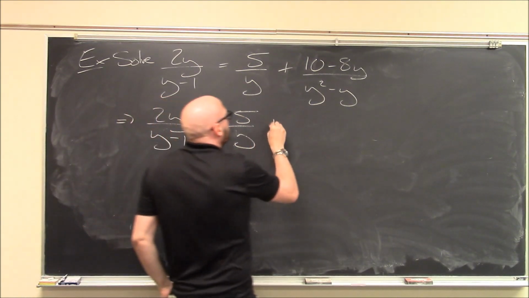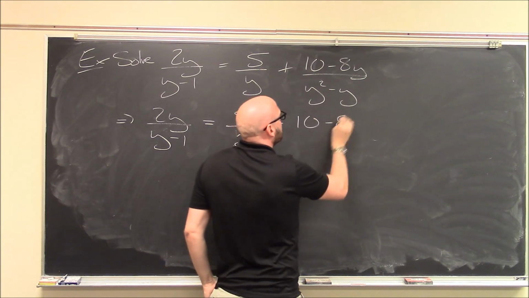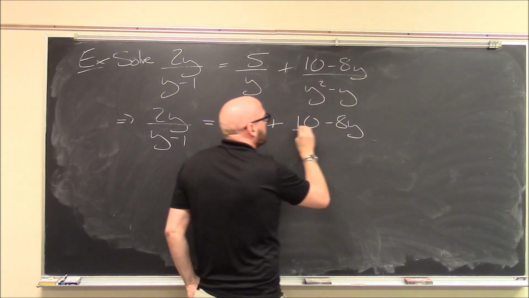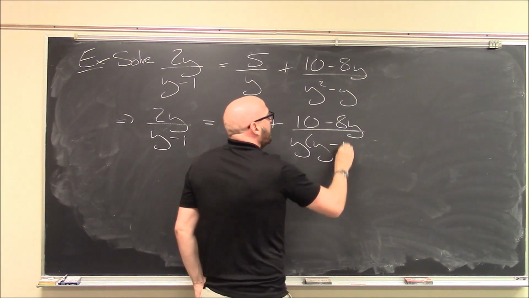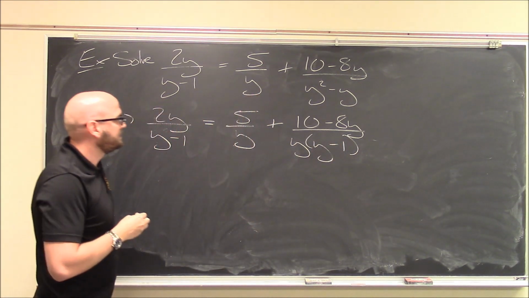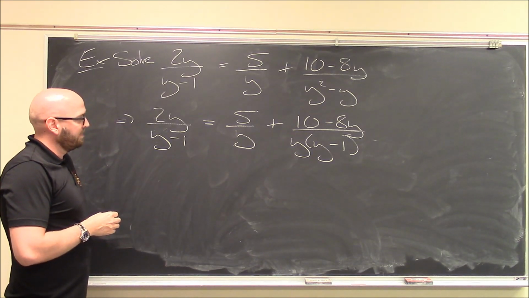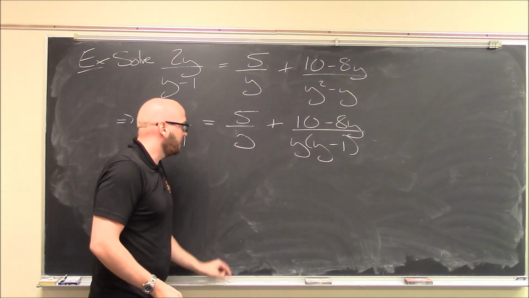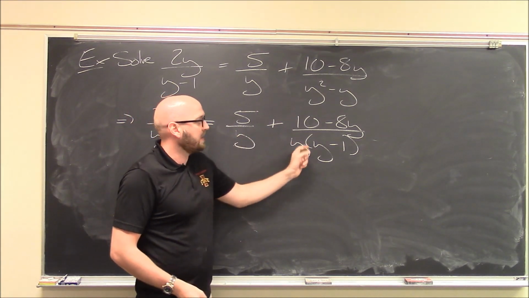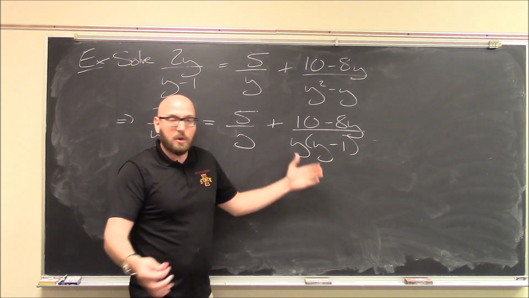What I could actually do to this expression is factor the bottom first, right? This factors as y times y minus 1, which means if I'm putting these over a common denominator, the least common multiple between y and y times y minus 1 is y times y minus 1.